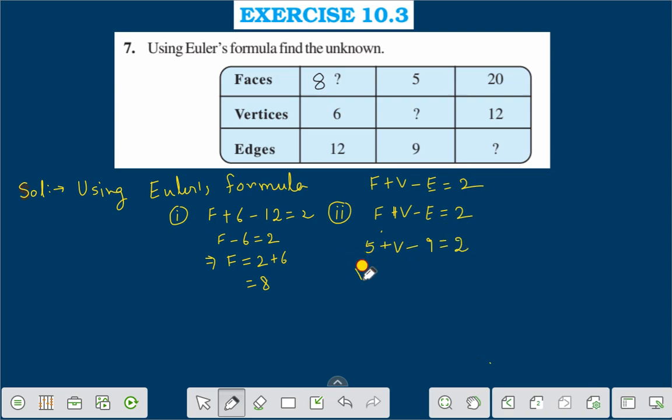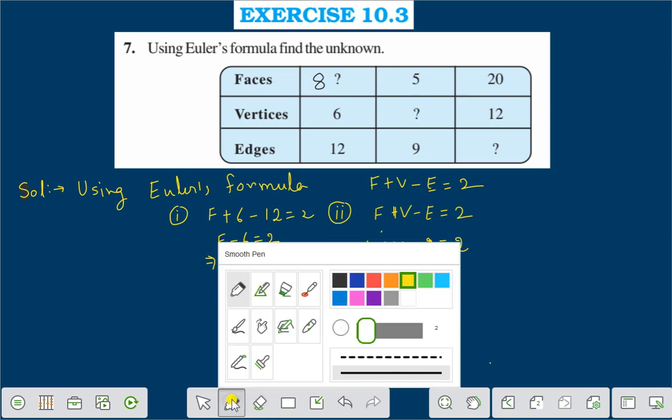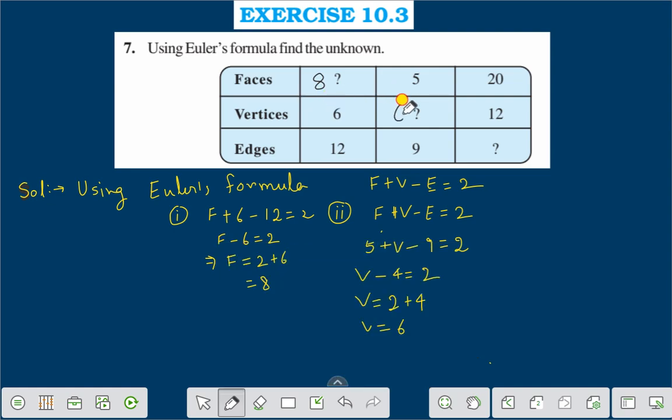Therefore we are getting 5 minus 9, that is minus 4, plus v is equal to 2, or v is equal to 2 plus 4, therefore vertex is equal to 6. Therefore the number of vertices is equal to 6. Therefore we can write here as 6.